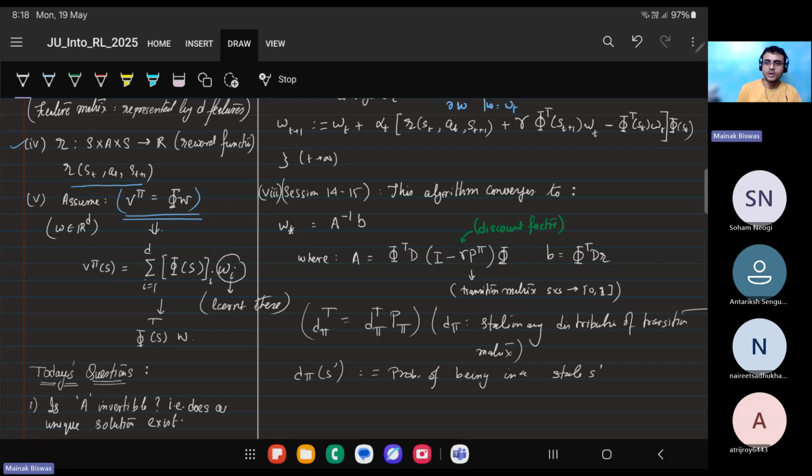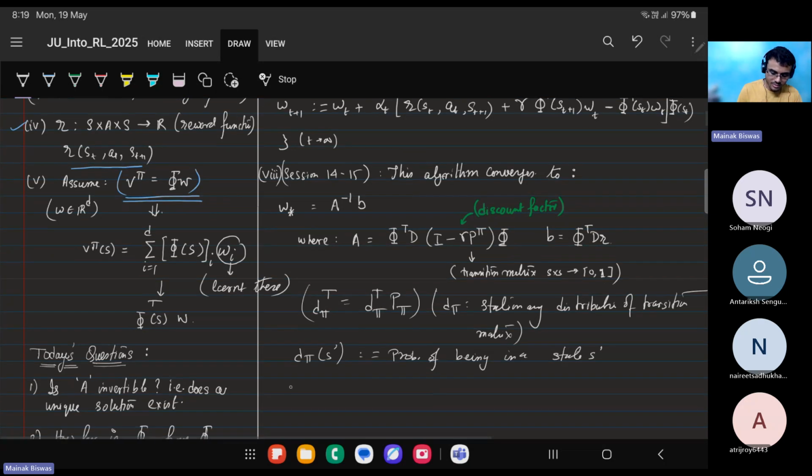So can you tell me how we can write this in terms of the transition matrix? I'm doing it once again so that you remember. This is basically D pi transpose into the S dash column of the transition matrix, right? Why? Because this is S T plus 1 is equal to S dash.